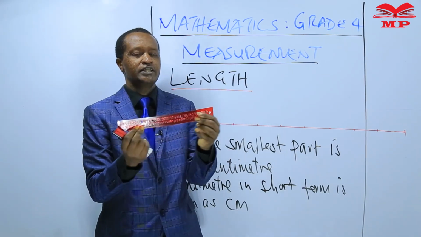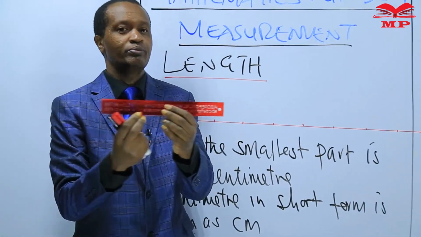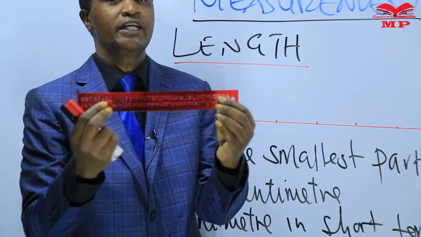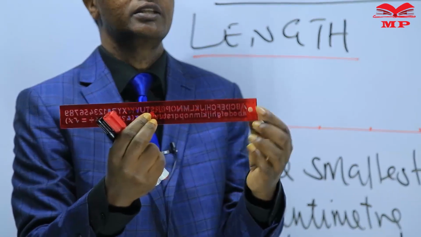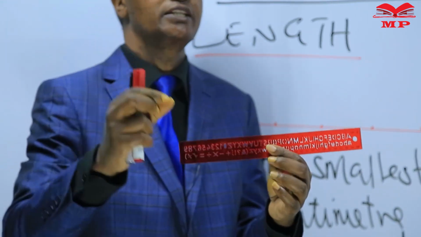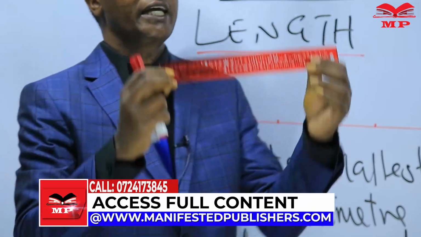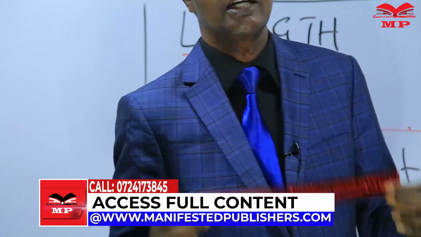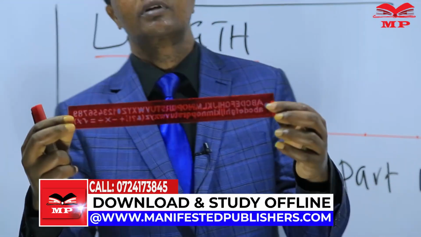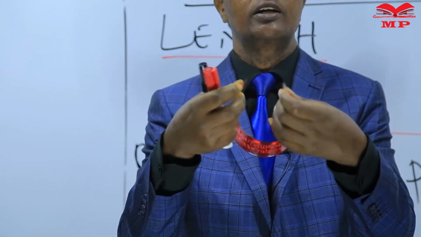A 30 centimeter ruler is used to measure length in centimeters. So I've said short lengths are measured in centimeters, and a 30 centimeter ruler is used to measure length in centimeters.